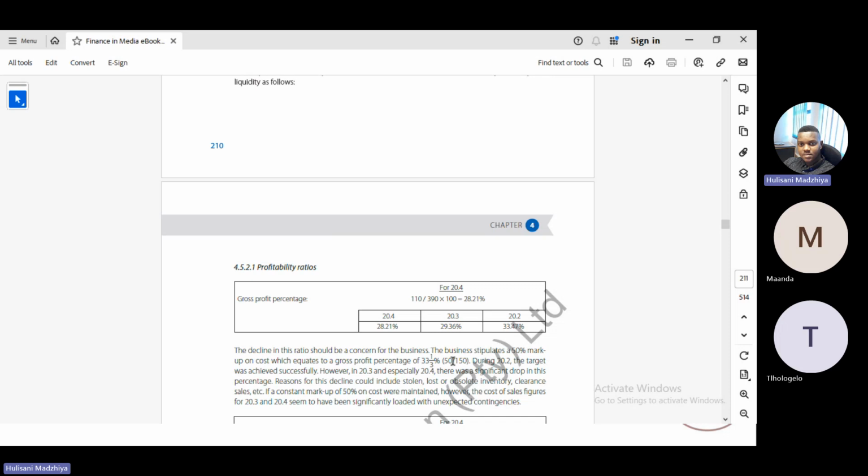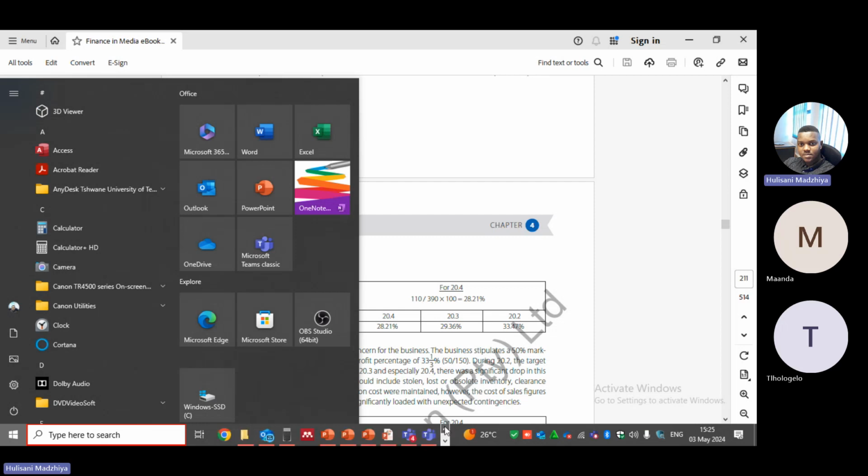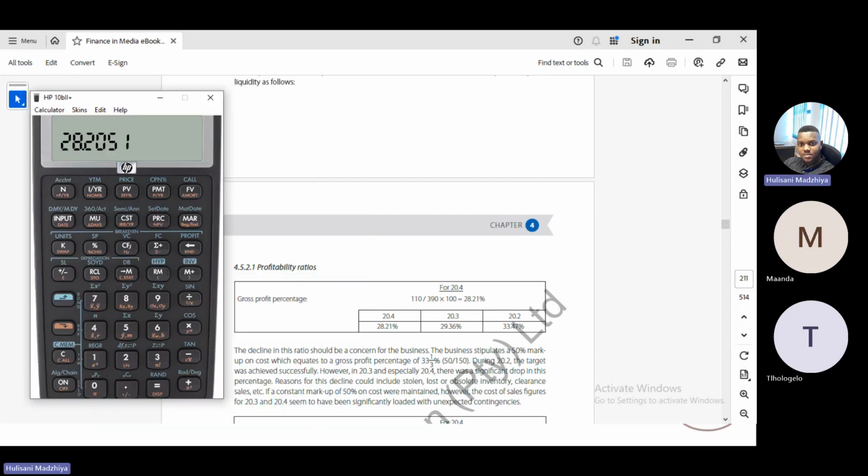Because we are saying that if a product costs us 100 Rand to make, we're going to add 50 Rand and sell it at 150. So our gross profit should be 50 divided by 150, so we should be making a gross profit of 33%.